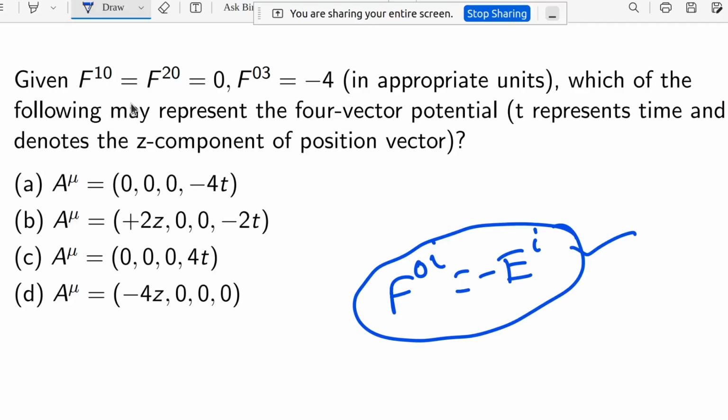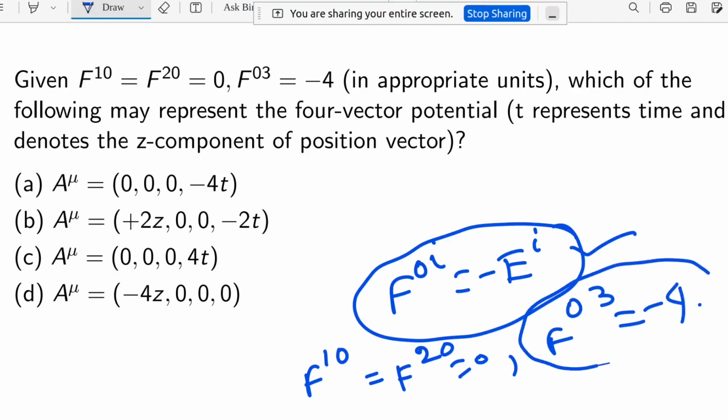Now in that question they have told that F10 and F20 are 0 and F03 is minus 4. You can see it is written as F03 is minus 4. We are just focusing on this one right now.